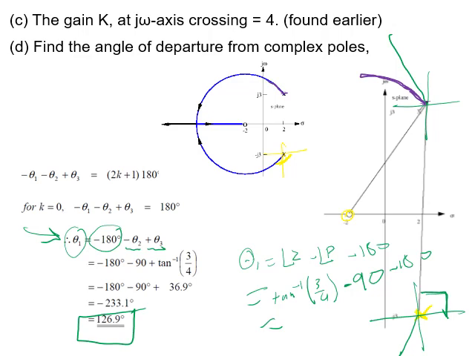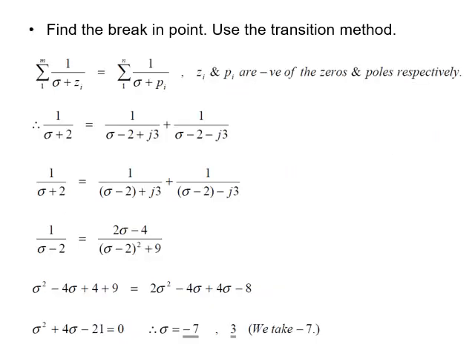Then we will make the turn toward the j omega, because the first help to me is the j omega, then the break-in. Here we are having a break-in, not a breakaway, because the root locus is coming to the real axis. If I want to calculate the break-in, the method is that the summation of 1 over sigma plus z1 is equal to the summation of 1 over sigma plus p1.